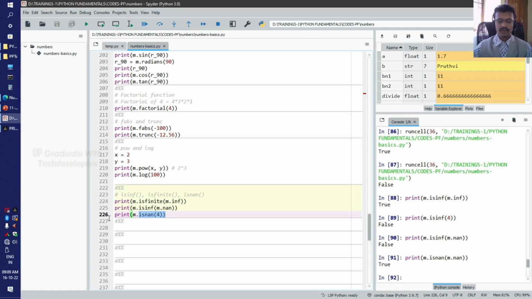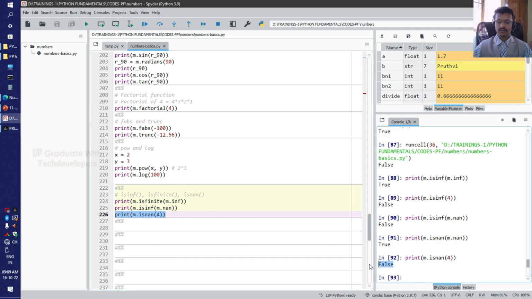In simple terms, we can say 4 is not a nan. So it results in false because 4 is an integer value. We are checking with isnan. So we can do many other things with the math module.